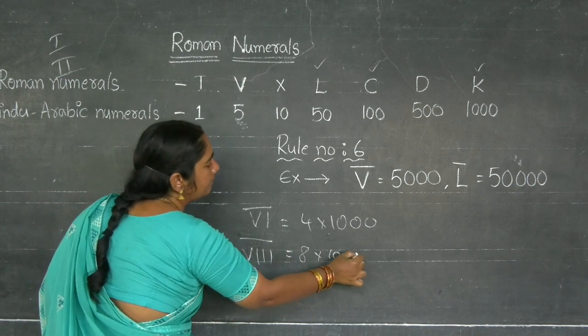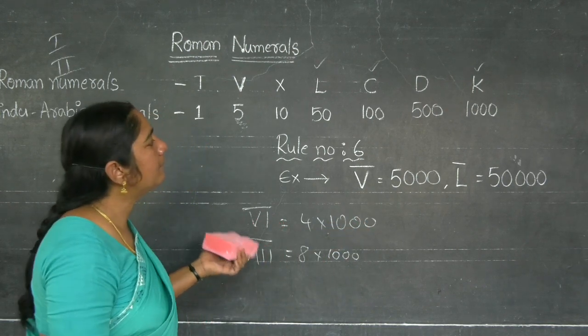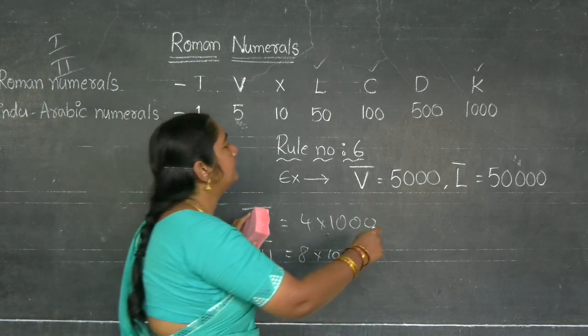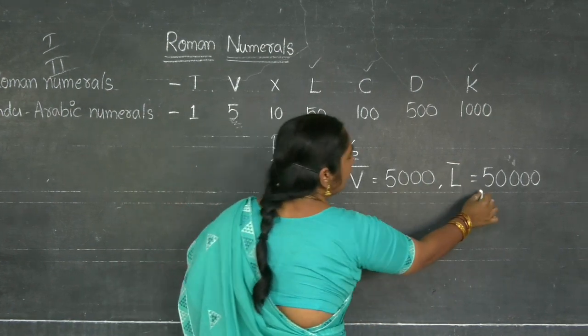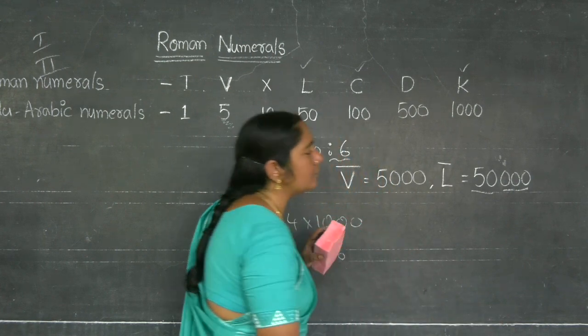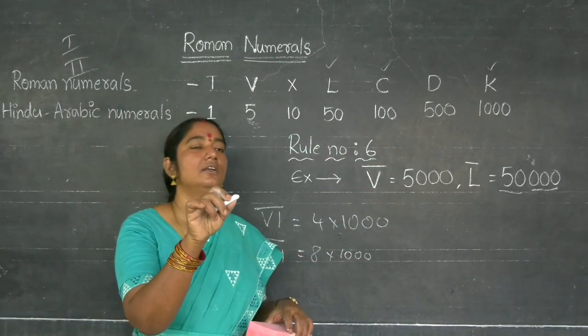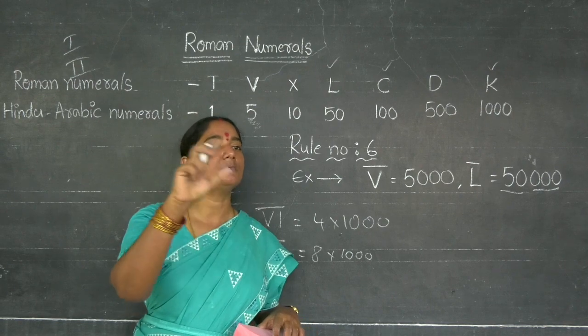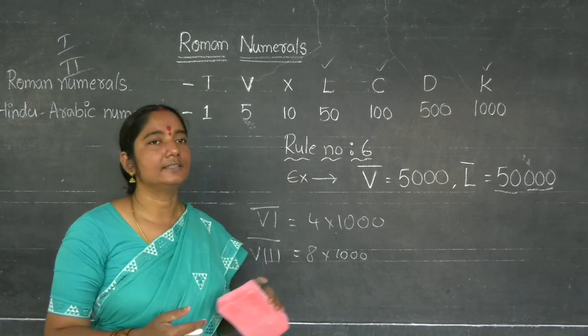So whenever there is a bar, it is multiplied by 1000. See, in this case, bar is there on L. Means the value of L is multiplied by 1000. 3 more zeros in that way. So whenever there is a bar over it, the value of that number is multiplied by 1000. So that is the rule number 6.